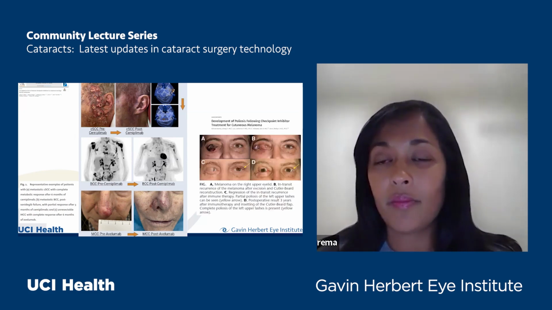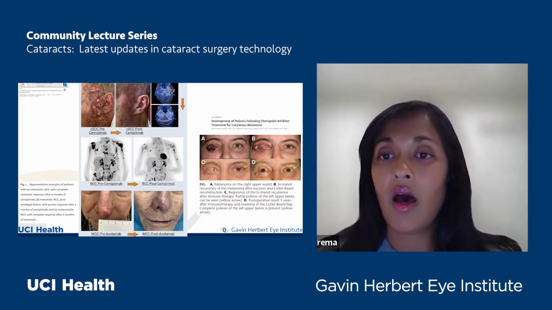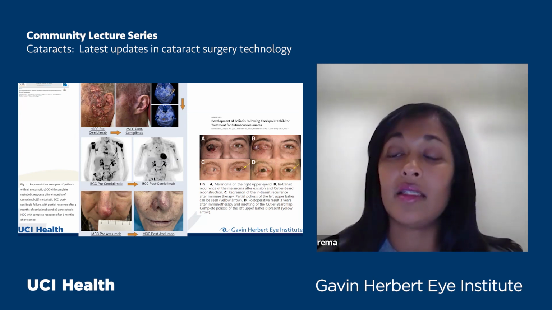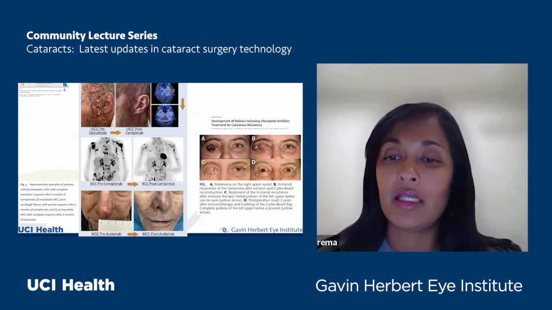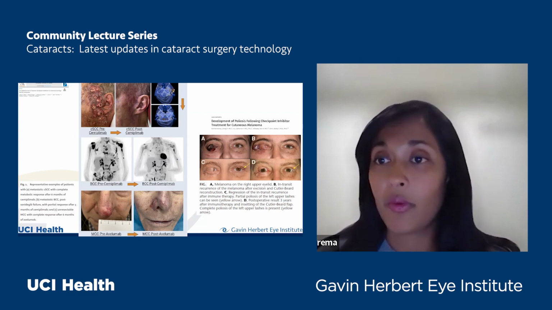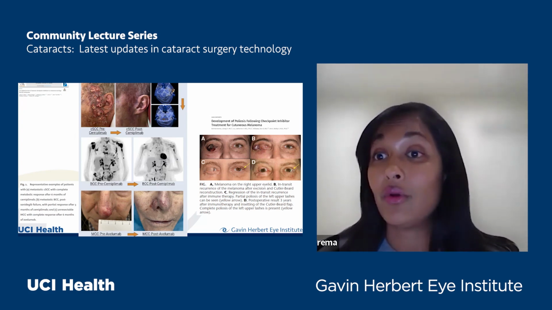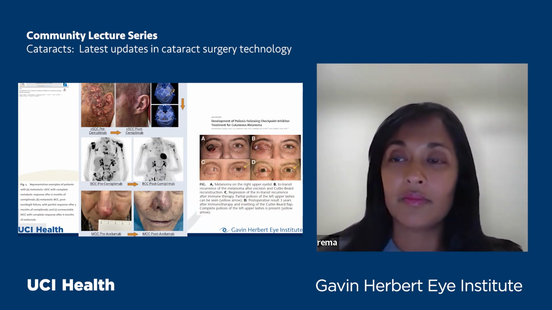And this is a paper that we published that looked at an in-transit melanoma in the periocular region that responded really nicely to checkpoint inhibitor therapy. We also show that favorable prognosis correlated with the development of poliosis. So the fact that the eyelashes changed color actually was a favorable outcome.